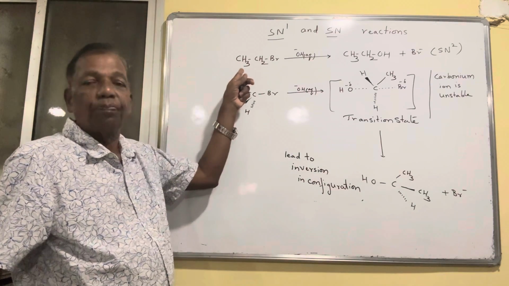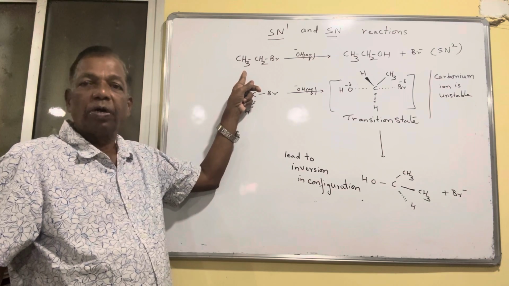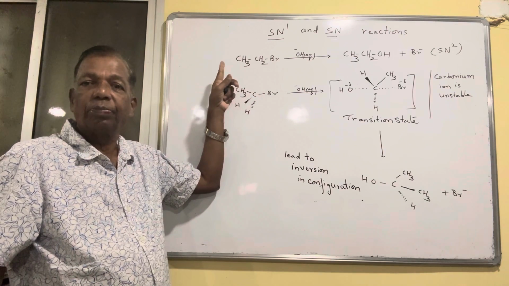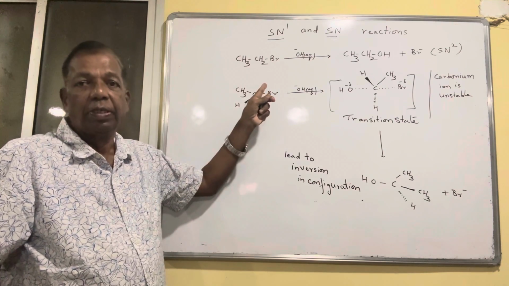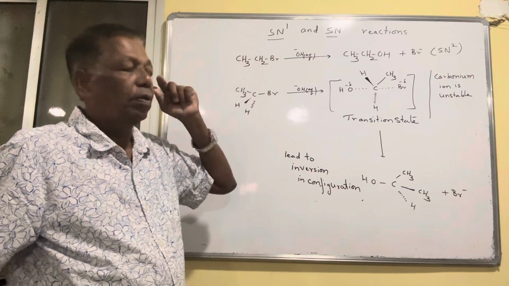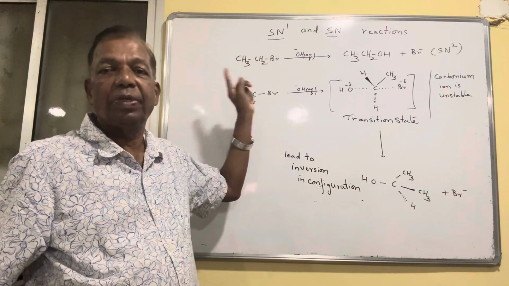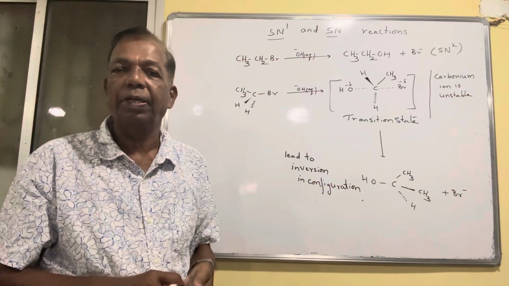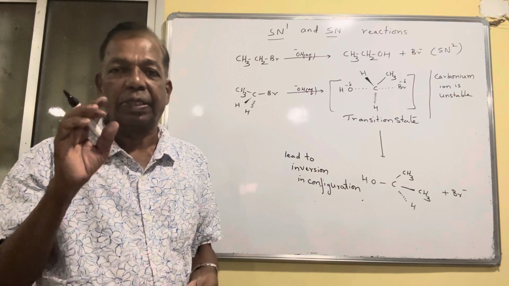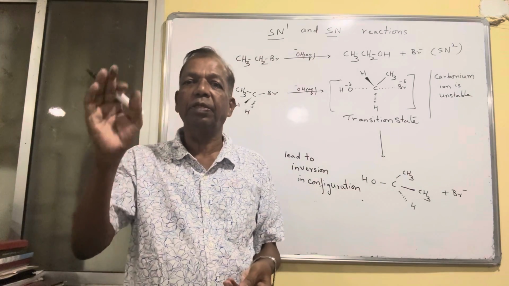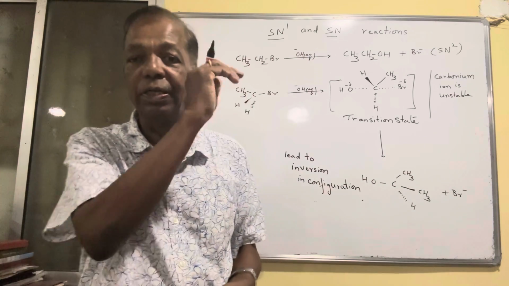So, if the compound is primary, this will not produce any carbonium ion as intermediate, and because of that, a primary compound will always undergo what? SN2. Tertiary will undergo SN1. Now what about secondary?